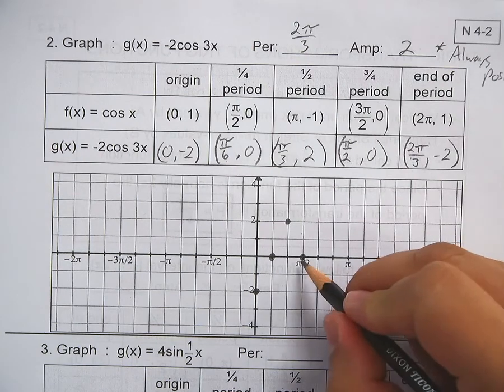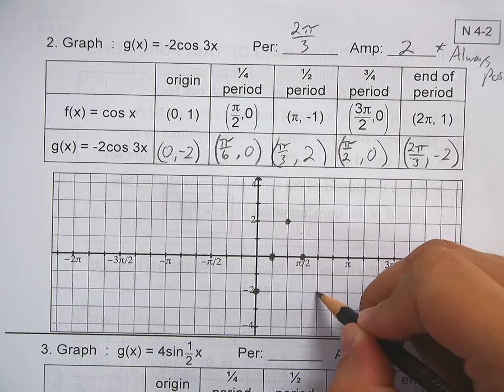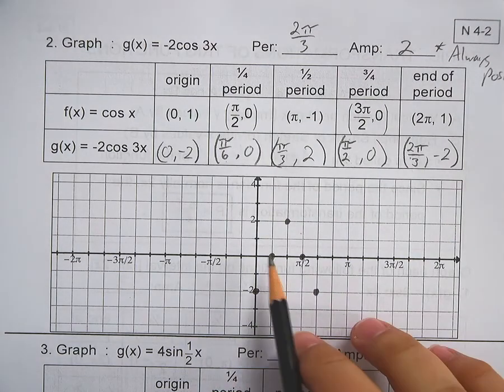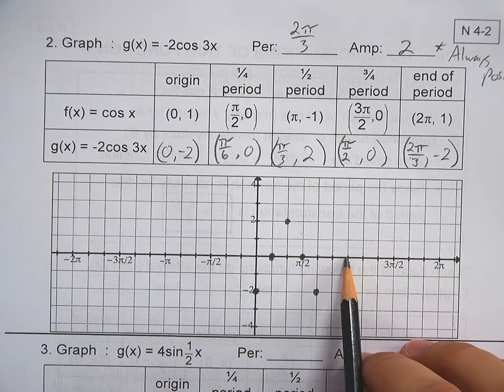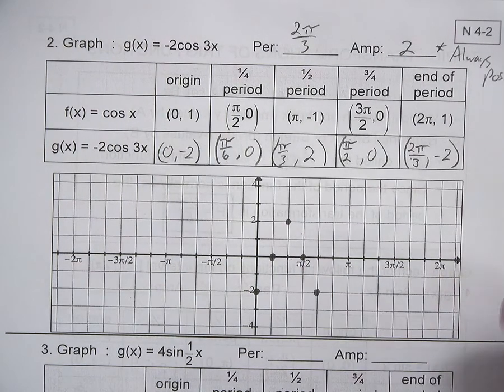And 2 pi over 3, which is here. Wait, did I get... Yes. Right here. Notice how these pi's are busted up into 6 pieces. So here's 1 6, 2 6, 3 6, 4 6, which is 2/3.